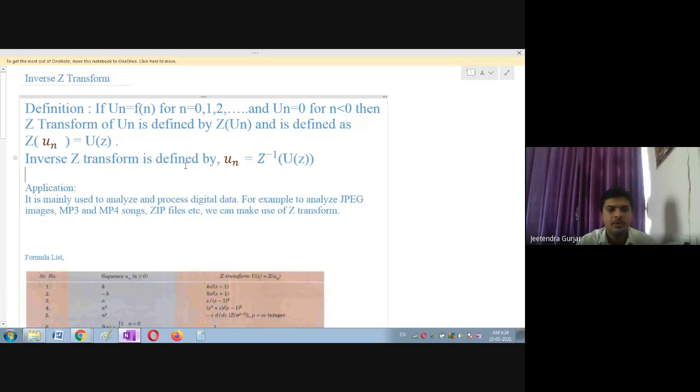So the Z transform will help you convert files from image, mp3 files, mp4 files, zip files, and vice versa. So like this, the inverse Z transform is useful, students.